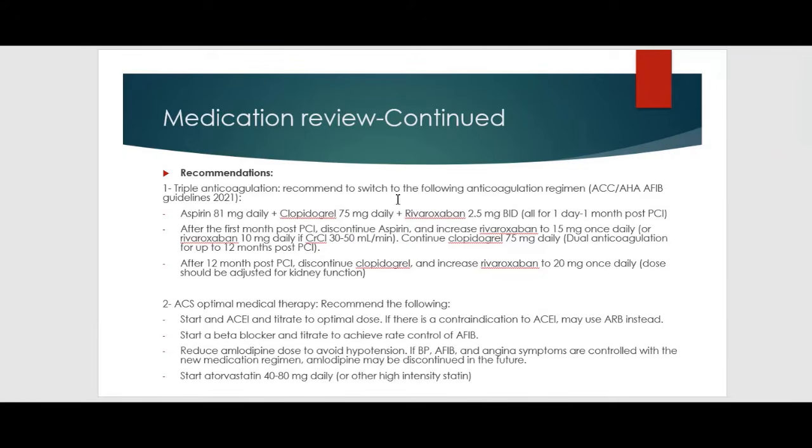So I recommend to switch to the following anticoagulation regimen as per the ACC/AHA atrial fibrillation guidelines of 2021. And I made sure to mention the year because the guidelines change over time. So if you look at the guidelines from 2018, I think, and previous, you will find that some of the doses and the duration of anticoagulations are actually different.